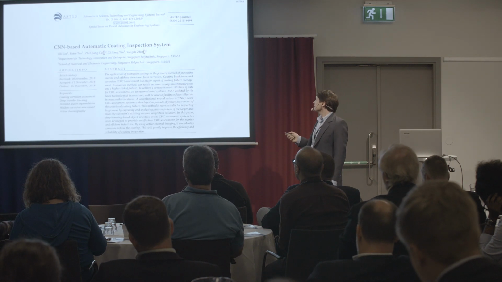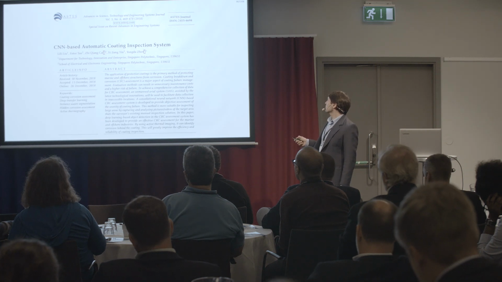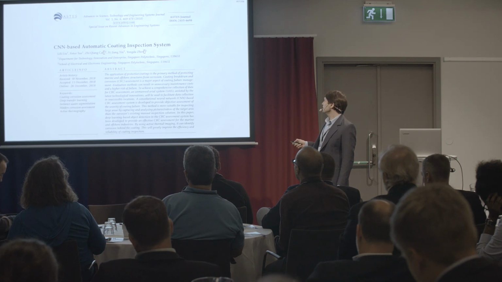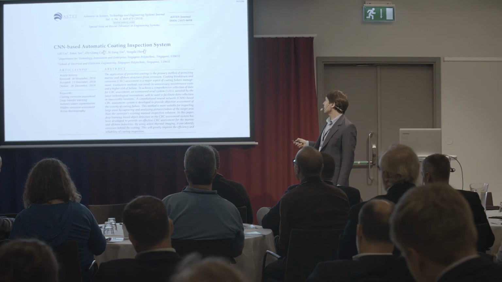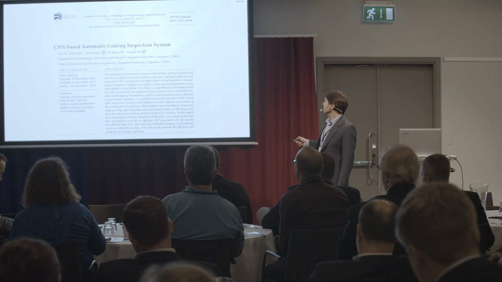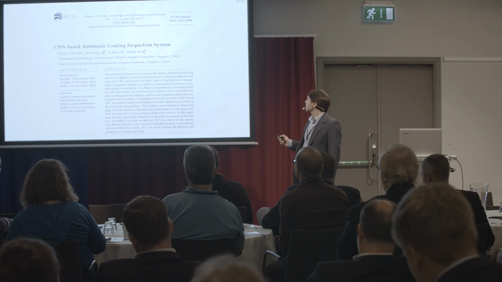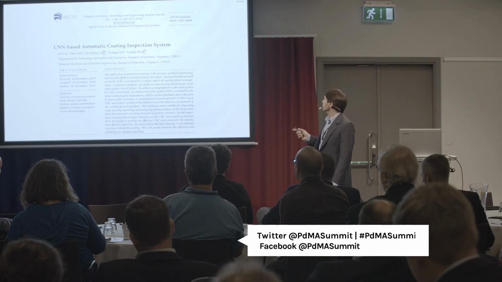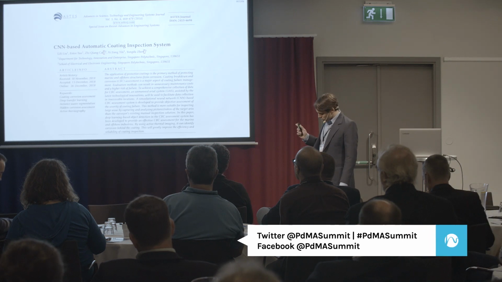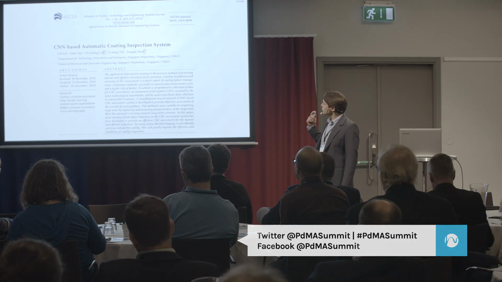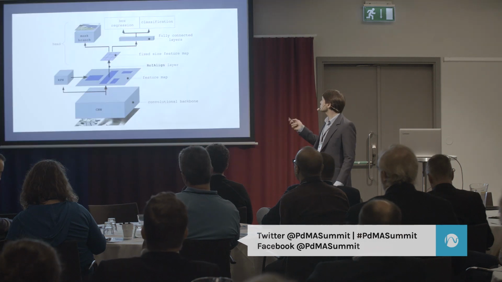Okay, so then I want to talk about the CNN-based automatic coating inspection system by Lili Liu, Sti Tan, Siqiang Kai, Sijiang Yin, Yongda Chen from Singapore Polytechnic. So all credits to them. They do something very similar to the previous paper, but there are a few differences that I want to show.